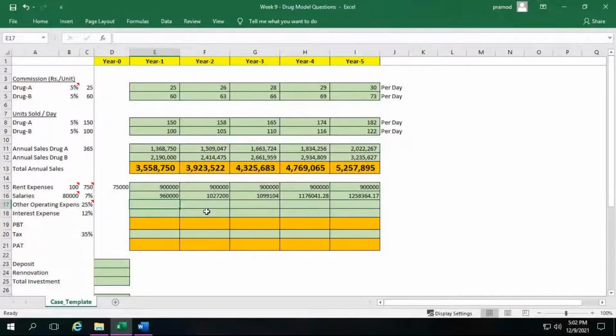Okay. So now next they are telling us operating expenditures. The other operating expenditures have been increasing 25% on the annual sales.